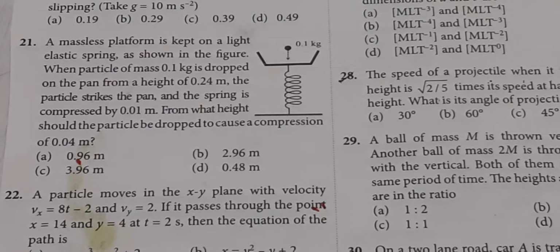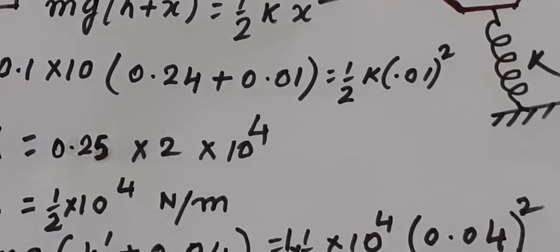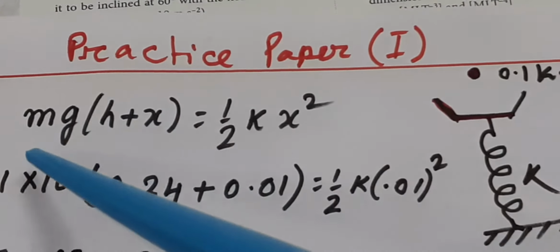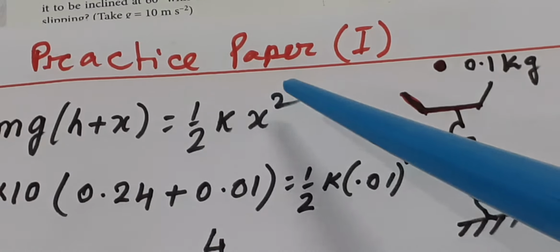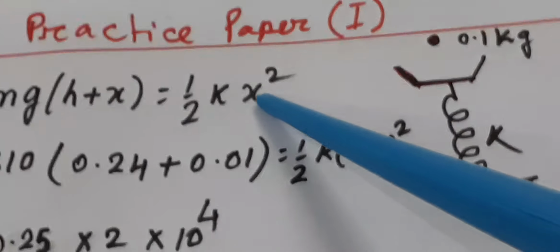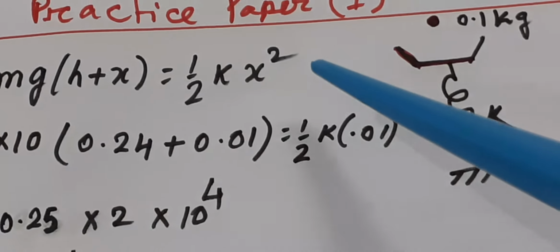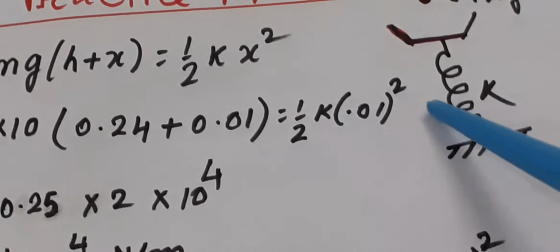Now the loss of potential energy we can take as mg(h plus x), that will be stored as potential energy in the spring, that is half k x square. x is given in this problem as 0.01.